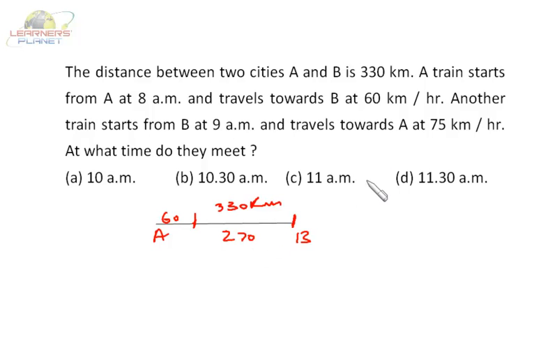Now, the speed of B is 75 km and the speed of A is 60 km. That means every hour they are getting closer by 60 plus 75, that is 135 km. So to cover up 270 kilometers at the speed of 135, they will need 2 hours. So after 9 a.m., 2 hours is 11 a.m. Okay.